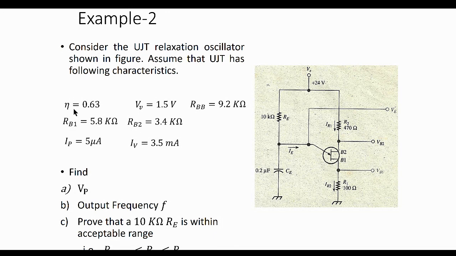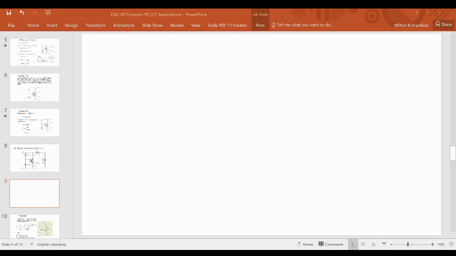It will tell you what the intrinsic standoff ratio is, the valley voltage and the interbase resistance, and it can tell you what RB1 and RB2 are. Is there a question? Right, and IP, that's our peak current, and IV, that's our valley current. So your job now is to find what the peak voltage is equal to.